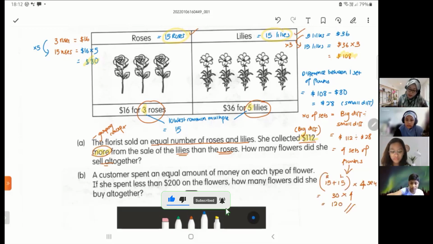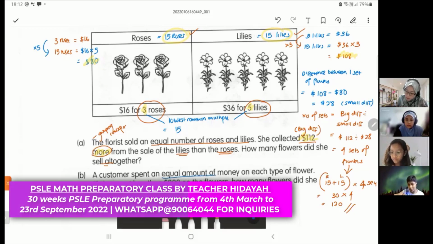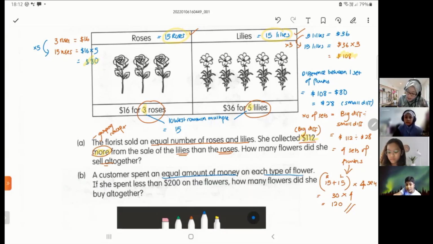I do part B on the left hand side. If a customer spent an equal amount of money on each type of flower, and she spent less than $200 on the flowers, how many flowers did she buy altogether? So she spent less than $200, and I want to know how many. Let's look for the lowest common multiple of 16 and 36.